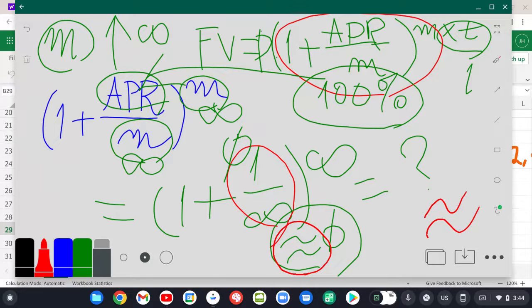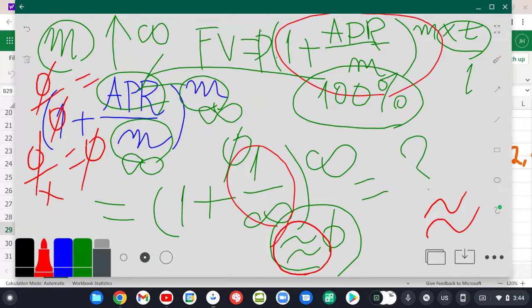Okay. 0 divided by anything is 0, but 0 over 0, that's undefined. That's because 0 is nothing, you cannot divide nothing by nothing. So that's undefined.